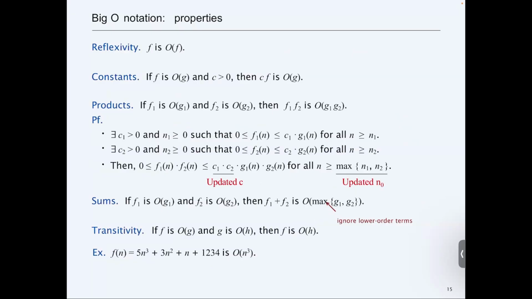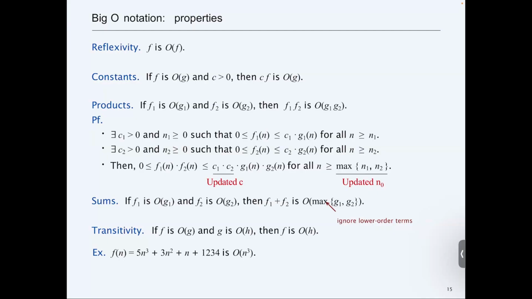All right. Now let's take a look at some of the algebraic properties of big O notation. These properties are going to become incredibly useful because they let us analyze algorithms piece by piece instead of having to completely rederive everything from scratch every single time. The first property is reflexivity.